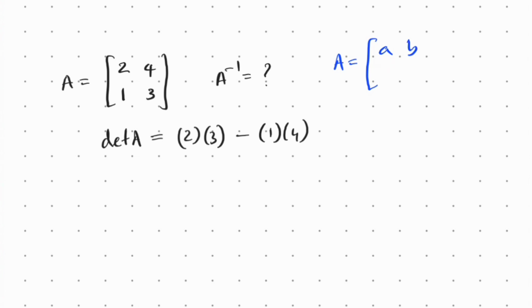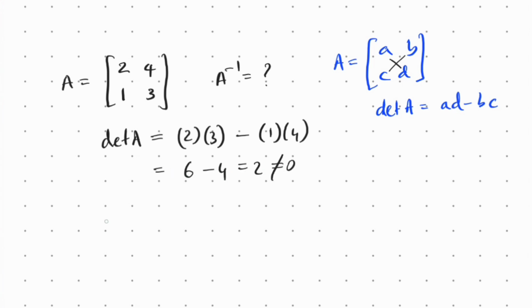Say the matrix is A, B, C, D. Then the determinant of A is defined as AD minus BC. So it's multiplying these two together, then subtracting the C and B multiplied together. So when you do this, you see it's 6 minus 4, which is equal to 2. This is non-zero, so A inverse exists.